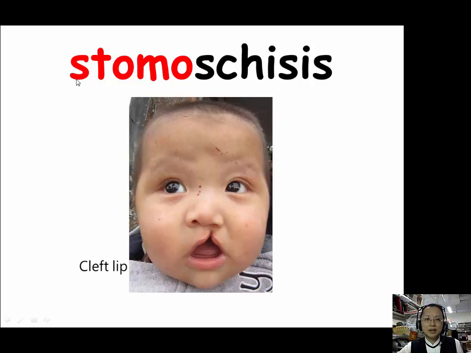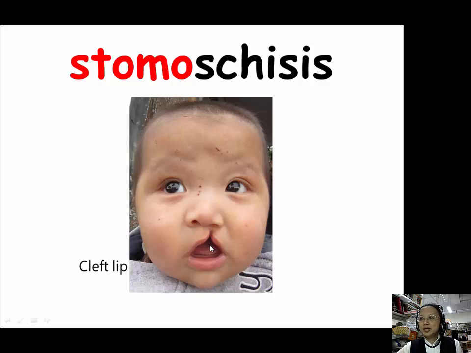And our example for stomo is stomoschisis. Stomoschisis is commonly called cleft lip. Cleft lip is a congenital cleft or defect in the upper lip, usually due to complete or partial failure of migration and the deposit of the mesoderm around or over the head in the embryo, which consequently causes the symptom of a cleft lip.